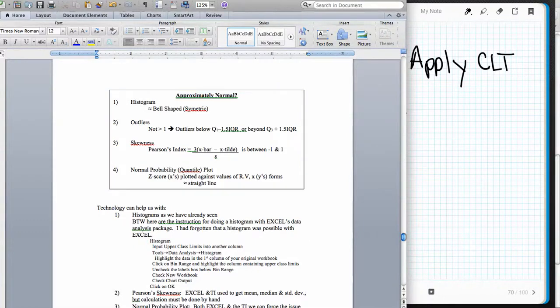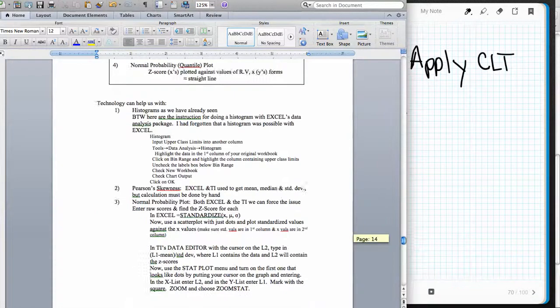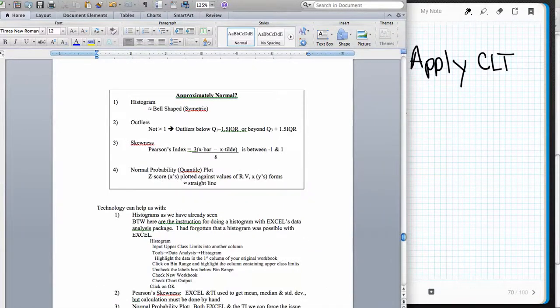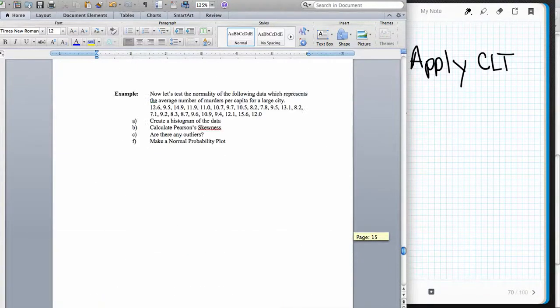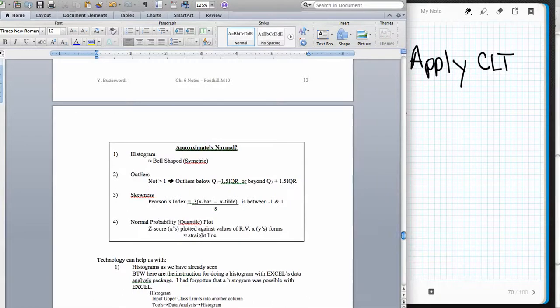If you wanted to take a look at this more thoroughly, you may want to take a look at page 14 of the section 6.3 notes, so chapter 6 notes from Brace, and that's page 14. So this is how we could prove that something was approximately normally distributed.